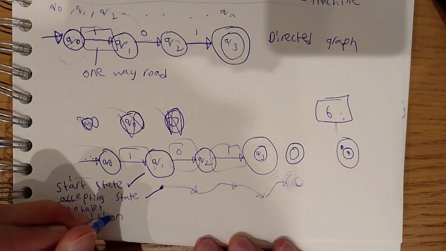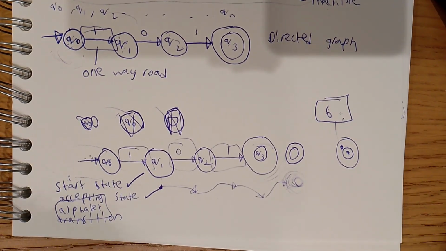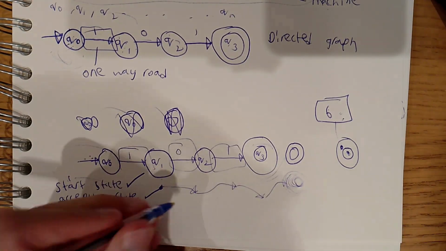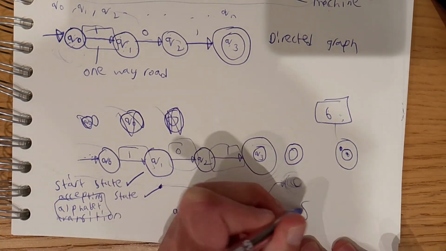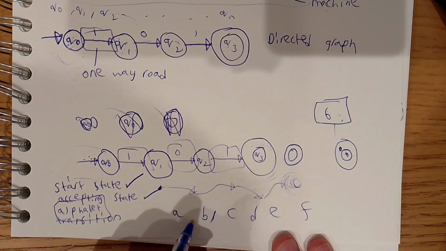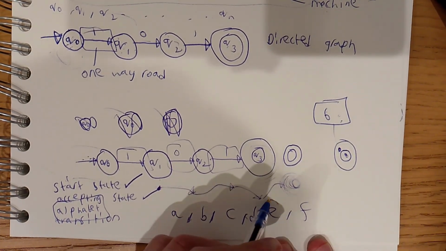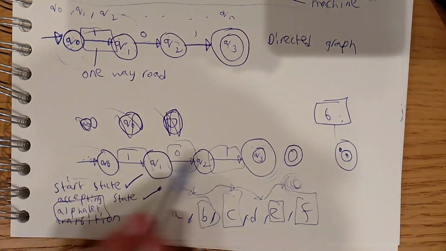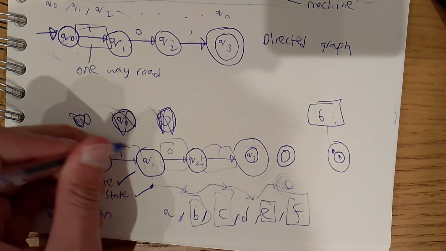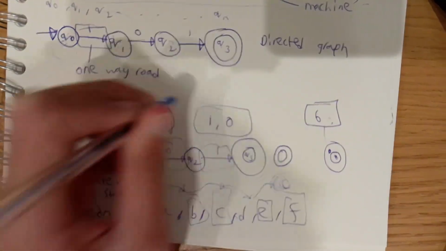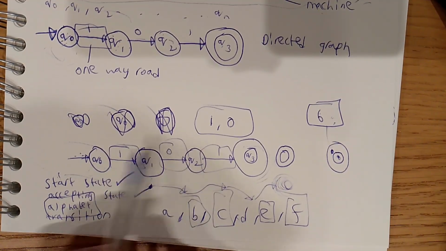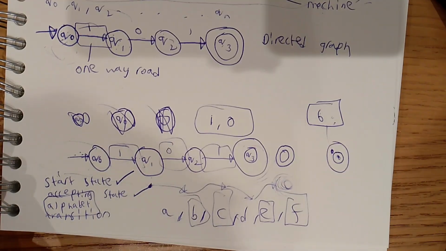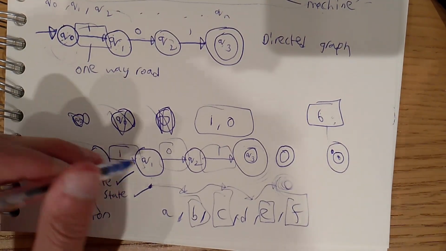The alphabet. You know what the alphabet is? You've spoken the alphabet. You learned the alphabet. This English I'm speaking right now came from the alphabet A, B, C, D, E, F. It's a set of elements or letters that we use in life. Here, the alphabet is the set of these values, 1 and 0. They are only 1s and 0s because those are the different unique ones. And then you can make computations from it. You can do 1 0 1.